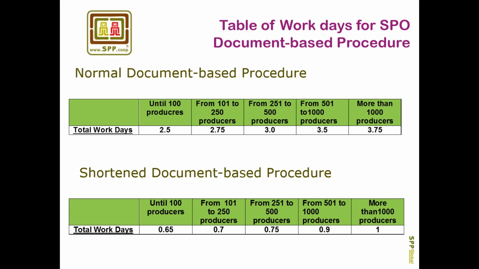And for the shortened document-based procedure, you can see that the total days are more or less half. In the case of more than 1,000 producers, the certification entity must consider just 1 day. 1 day would be $500. $500 would be the total economic offer for the certification in the shortened document-based procedure.